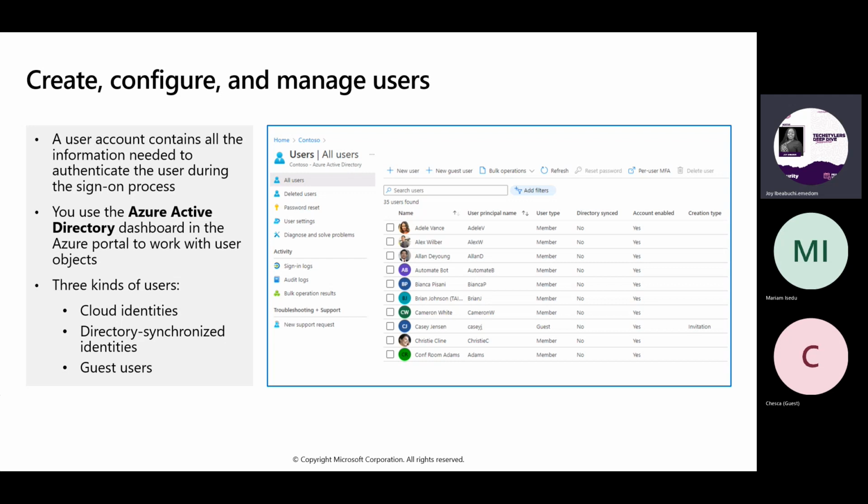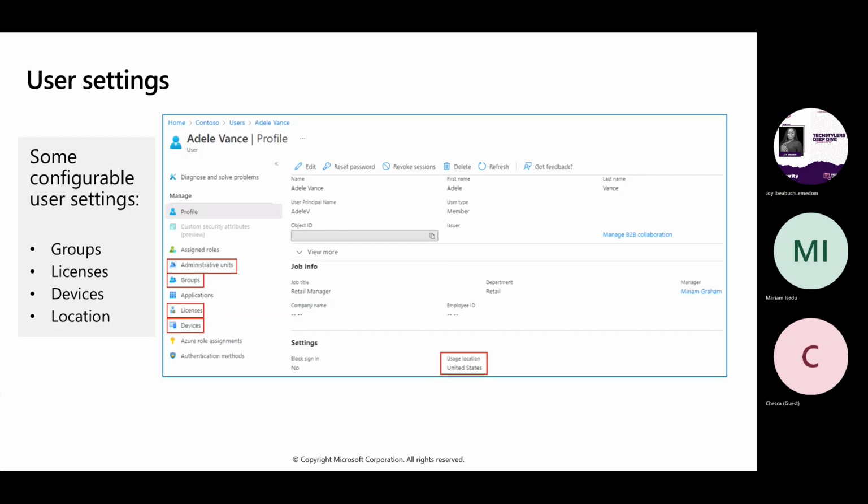So we're going to look at these three types of users. Now, remember too that we said that, once you authenticate, you want to authorize. So in the authentication process, which is the sign up, there are certain things that a user would need during that sign up. And those are the things that you would configure when you are setting up a user. Some of the things you can configure when you set up a user are the group. Which group should this user be in? The license, the device, the location.